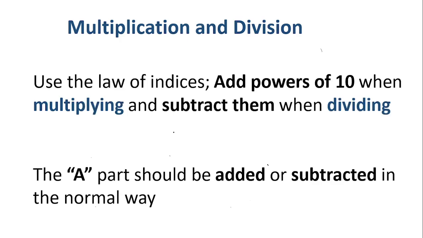So the moment you hear the word standard notation, they are talking about the base being 10. So add the powers of 10 when multiplying and subtract them when you're dividing. So what they're saying is that when you have 1 times 10 to the power n times 2 times 10 to the power m, this is what you're going to do. 1 times 2.